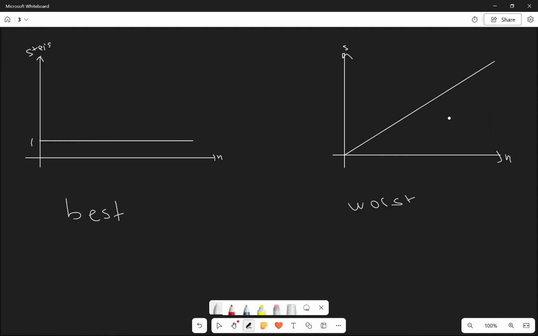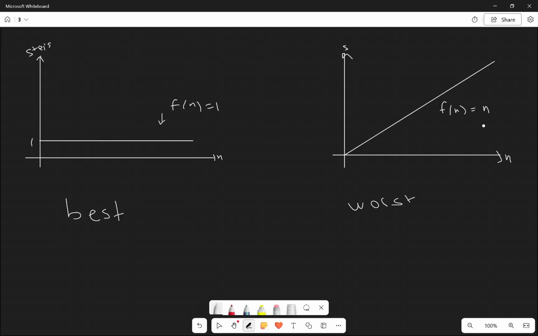As you can see, this function is f(n) equals 1, which means it's constant. This can be any constant: 1, 2, 3, 4, 10, 100, anything. It has to be a constant, that's all. This other function, f(n), is n.